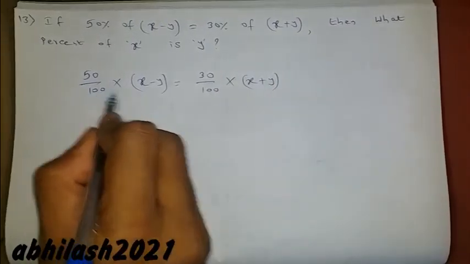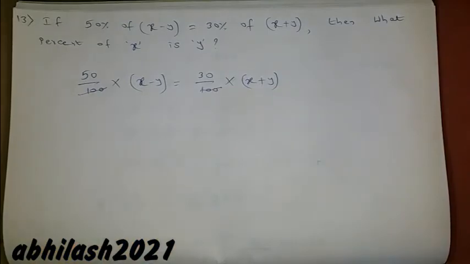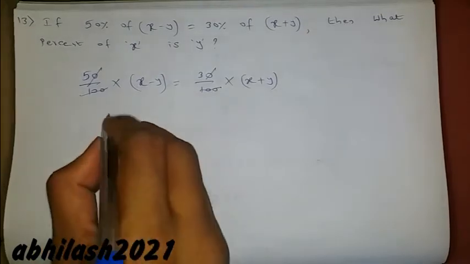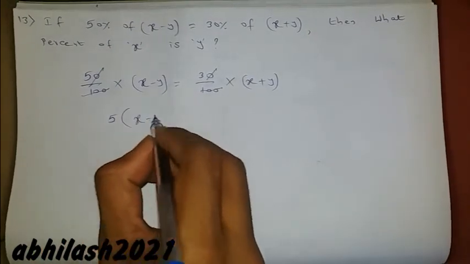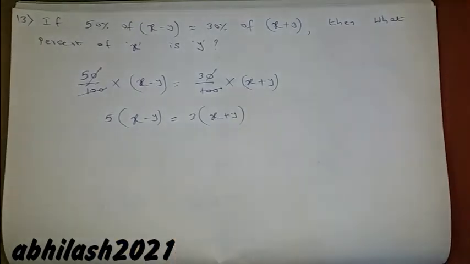Here in the left side as well as right side, 100, 100 both are in the denominator, so both will cancel. Here numerator 0, here also numerator 0 will get cancelled, so we remain with 5 into x minus y is equals to 3 into x plus y.